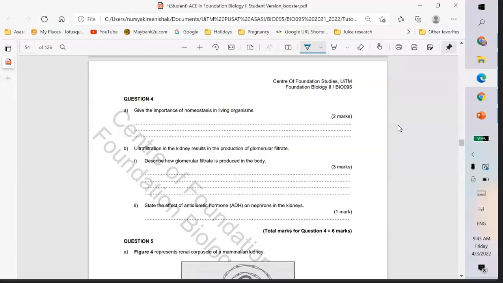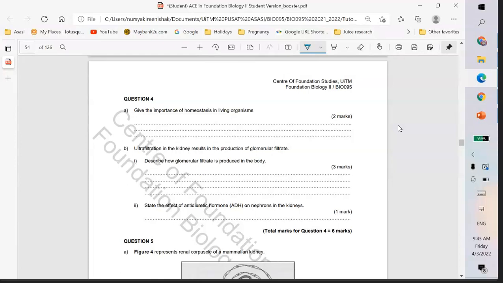Another point that you could include in your answer is that the importance of homeostasis is it allows organisms to become less dependent on the external environment. Therefore the organism can live in a wider range of habitat.